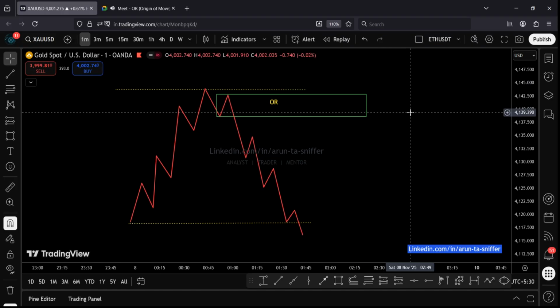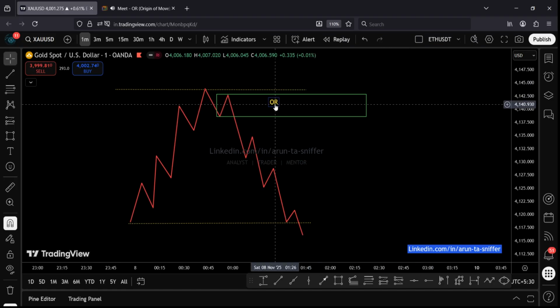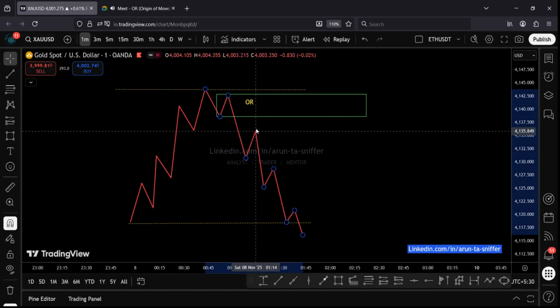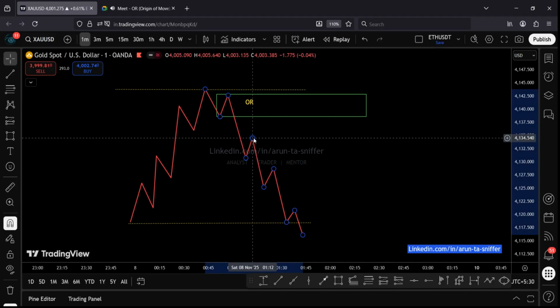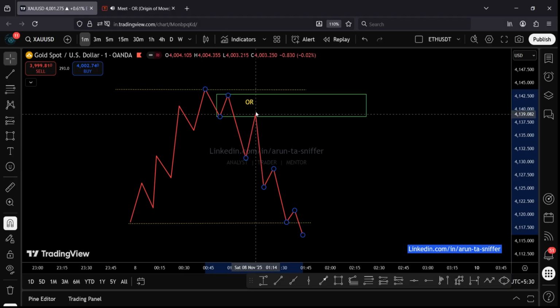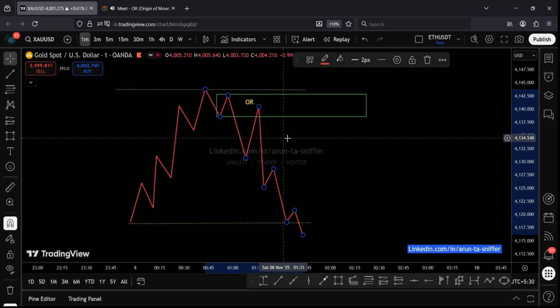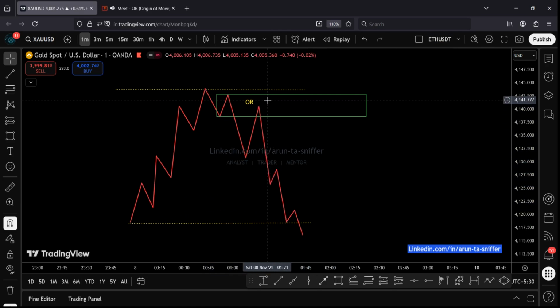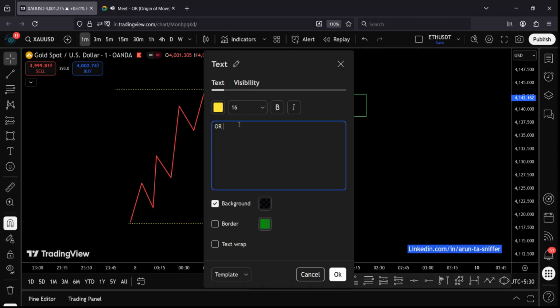So when this origin OR becomes ORFL: if this holds the price like this, if price pulled back till here to OR, and then came down, it will become ORFL, right?